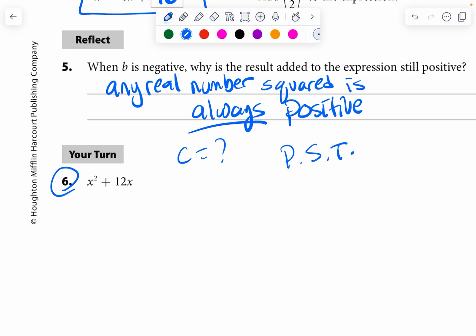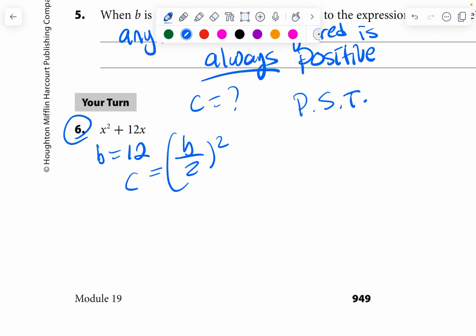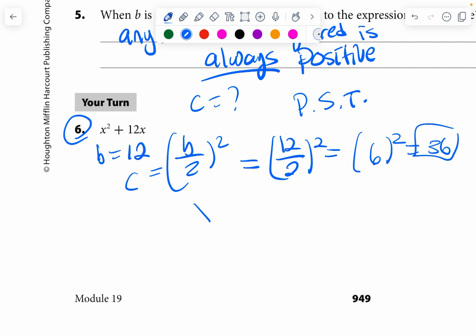So press pause now. So I know my middle term is 12. So I have to take b divided by 2 and square it to find my c term. So I have to take 12 divided by 2 and square it. So that's 6 squared, which is going to give me 36. That means my perfect square trinomial is x squared plus 12x plus 36.